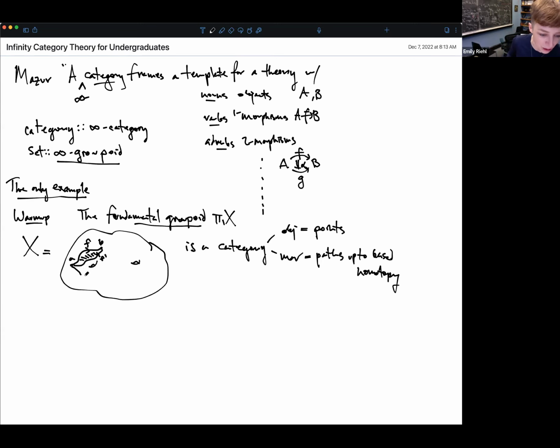Whereas a path that went the other way around the hole, this path G, for instance, is not homotopic to the other two paths, and therefore represents a distinct morphism from A to B in the fundamental groupoid.